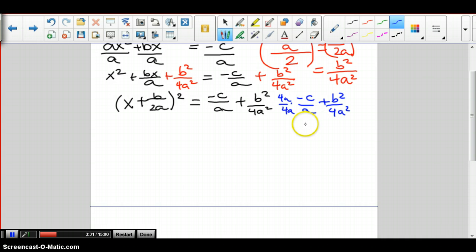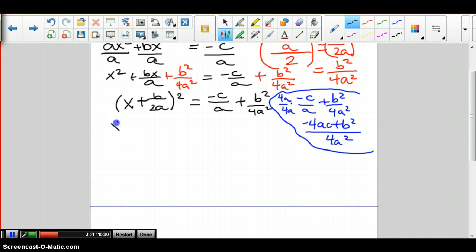So I have minus 4ac plus b squared over 4a squared. See how I did that? Now I can replace this side with what I just got. So I have x plus b over 2a, squared, equals minus 4ac plus b squared over 4a squared.